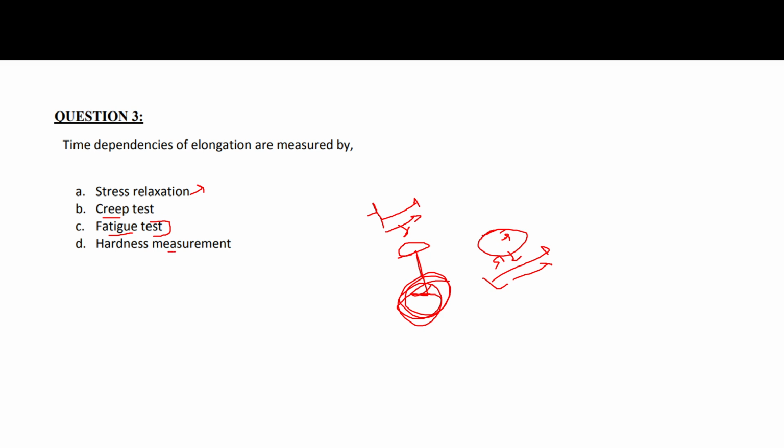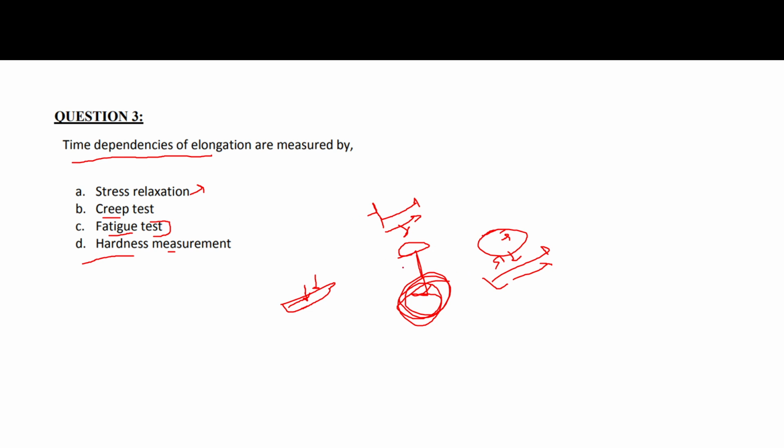And there is another measurement, the hardness measurement. Hardness means how hard your material is, that is, the resistance to indentation, like when a needle comes into the material, how the material resists this indentation or breaking. Here you talked about time dependent elongation.